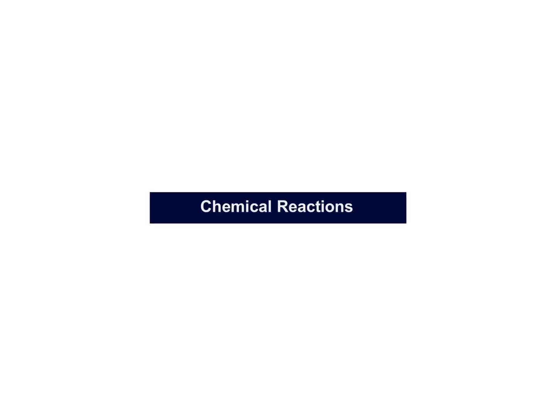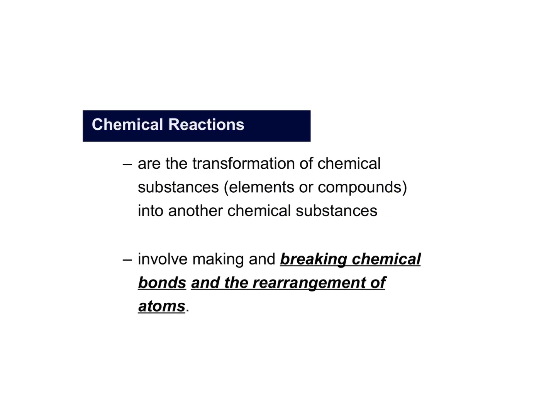Now let's talk about chemical reactions. Chemical reactions, on the other hand, are the transformation of chemical substances, either elements or compounds, into another chemical substance. So if these two elements or compounds are combined or there is an application of heat, there is a reaction that will take place.